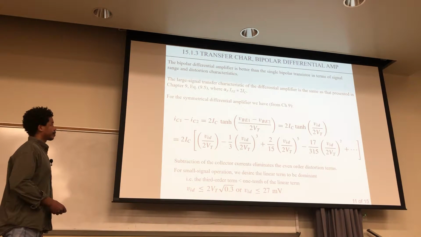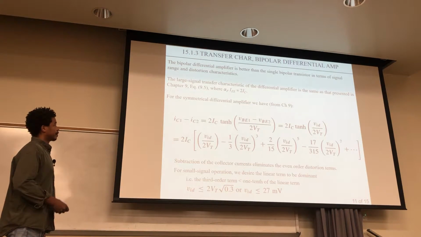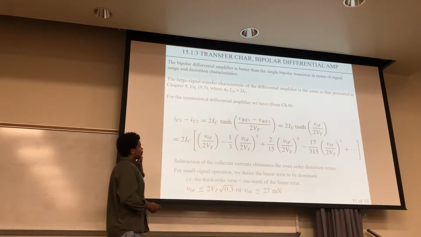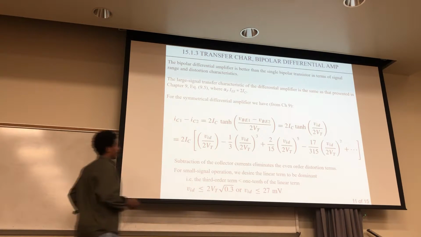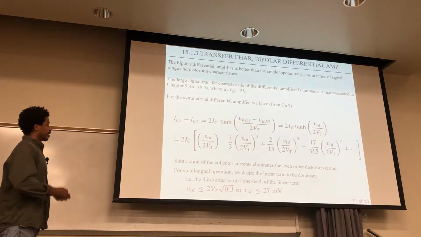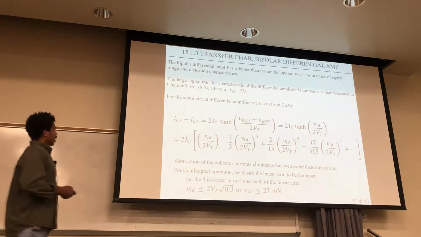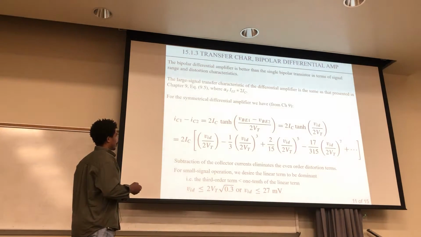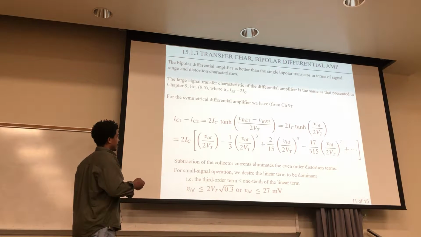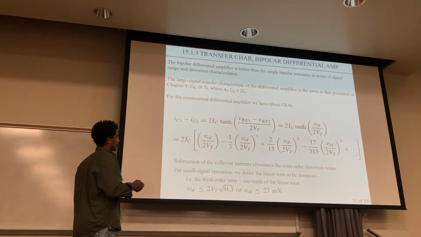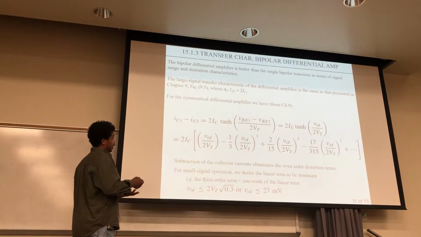And also, we're usually concerned about trying to linearize things. So for linearization, what you want to do is assume that this third order term, sometimes it's the second order term, but in this case, the next one is the third order term. Here's the linear term.